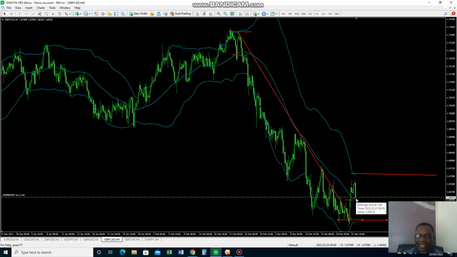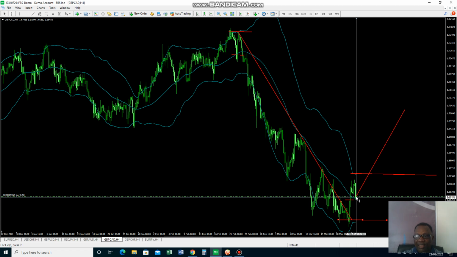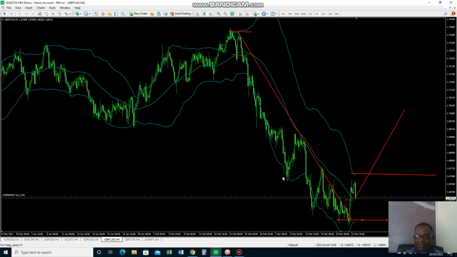That is why I'm taking an entry to buy from here, and I'm looking at taking about 50 pips from here. If I'm able to get to the middle of the board, this is okay by me. Maybe if I'm able to take 376 pips, this is a live market, so that will be okay by me.